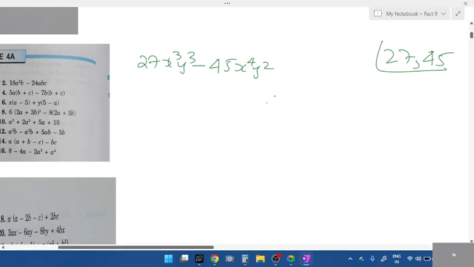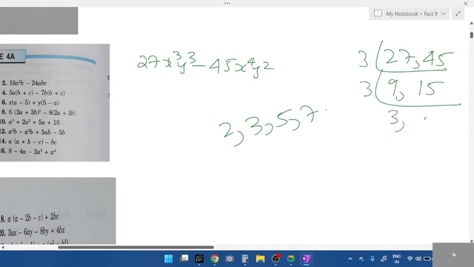Start with 3. Always see what numbers you have to use when you're factorizing. You have to use prime numbers 2, 3, 5, and 7. So if I start with 3, 3 nines are 27, 3 fifteens are 45. Next, what is common? 3 threes are 9, 3 fives are 15. What's the factor? 3 into 3 is 9.